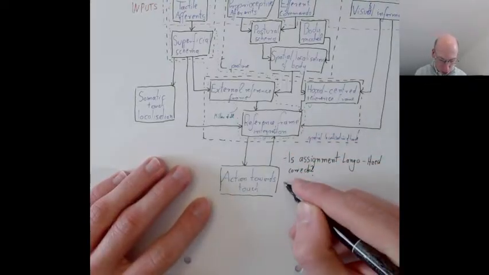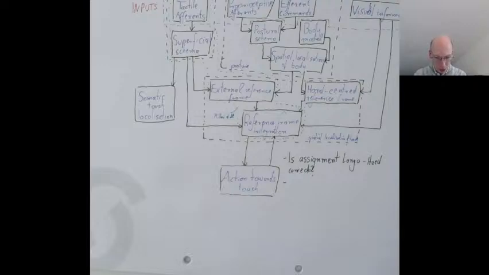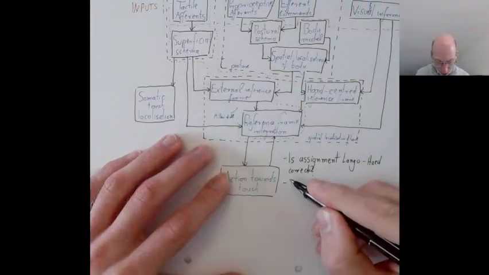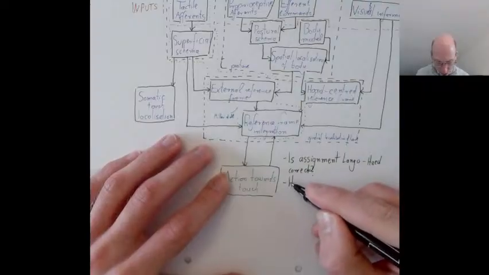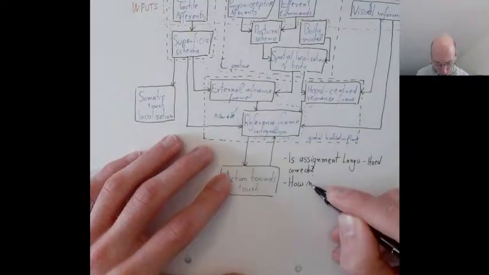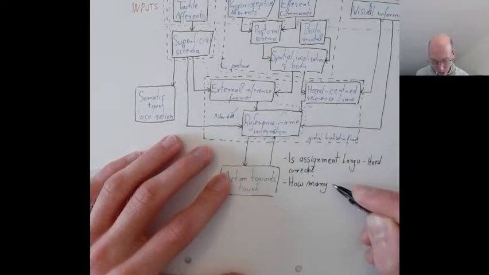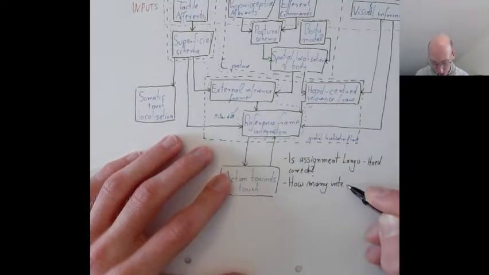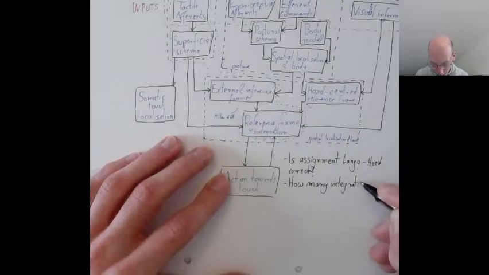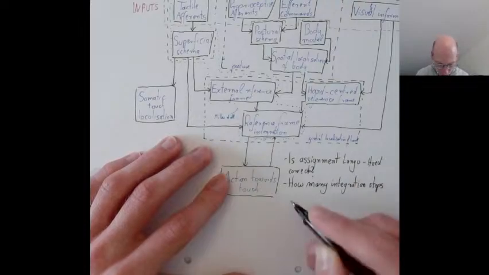What other questions can we derive from that model? The second one is, how many integration steps are there?